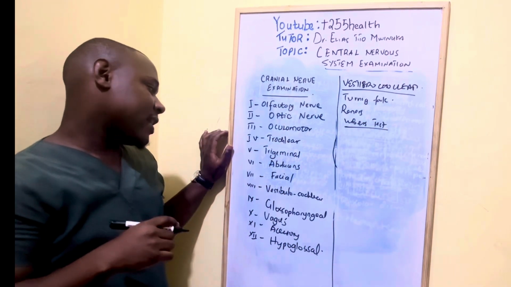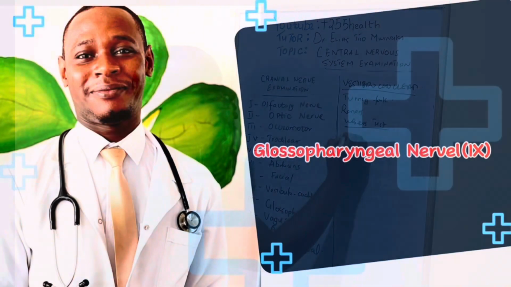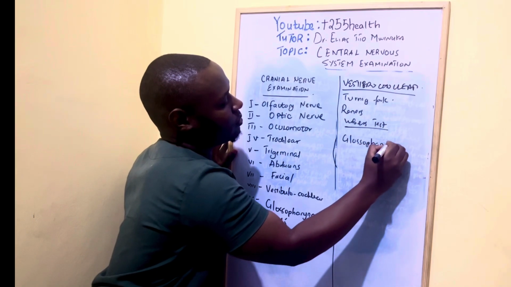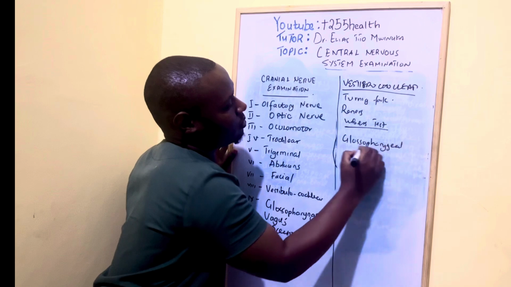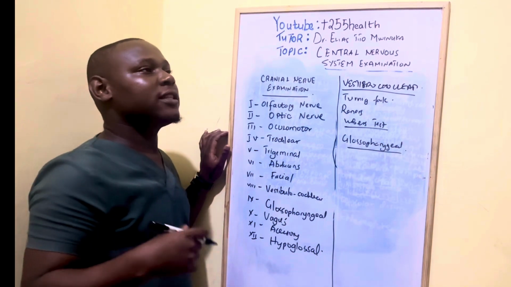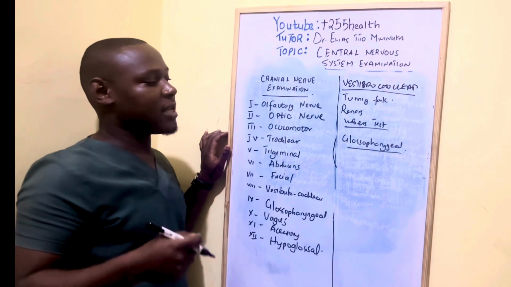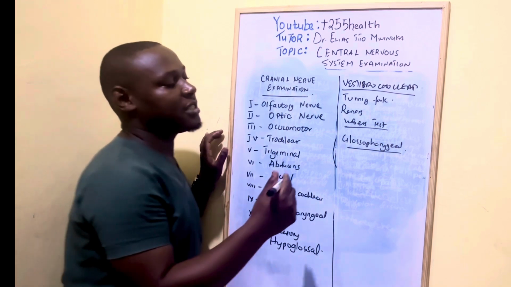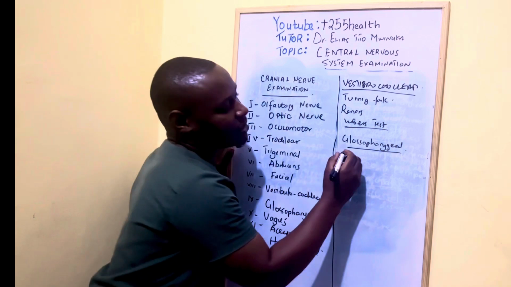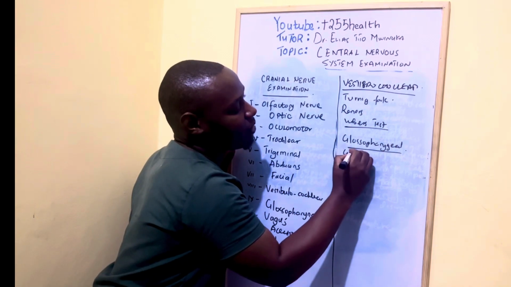And then after that, you have the glossopharyngeal nerve. You can ask if there's any change in the taste pattern, like is he having a hard time differentiating different tastes of food, maybe sour, bitter, and different types of taste. And then you can also do the gag reflex.